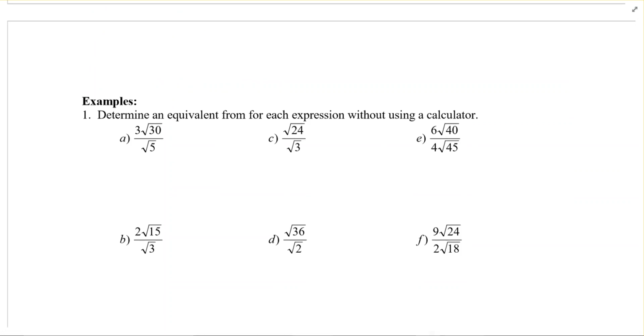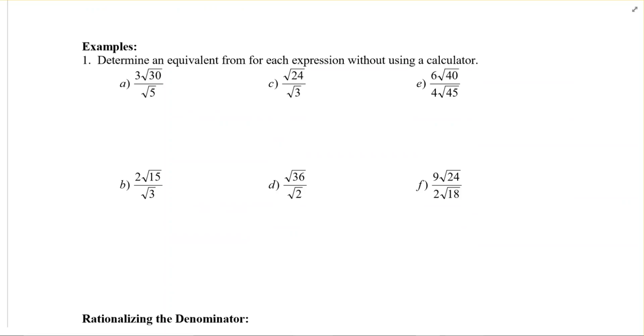So looking at some examples here, it says determine an equivalent form for each expression without using a calculator. Really all we have going on here is that you're able to divide the numbers. So imagine there's like a 1 on the bottom here, you just can't really see it. You can divide the numbers and you can divide the radicals, and that's it.